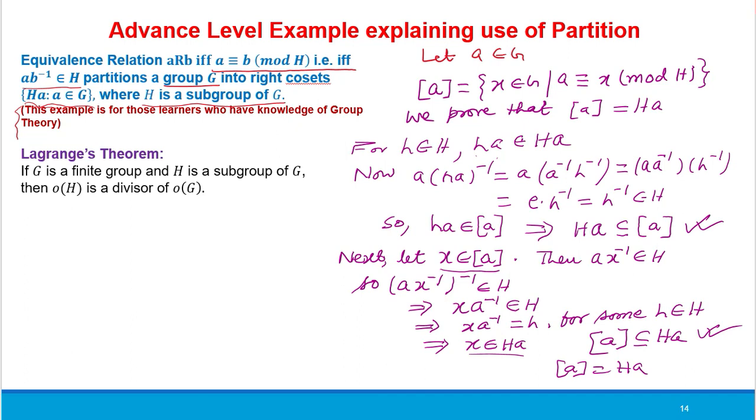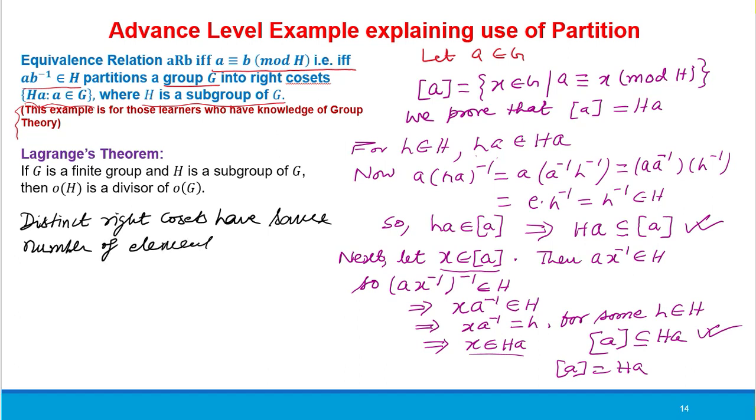And therefore we also know that distinct right cosets have the same number of elements.